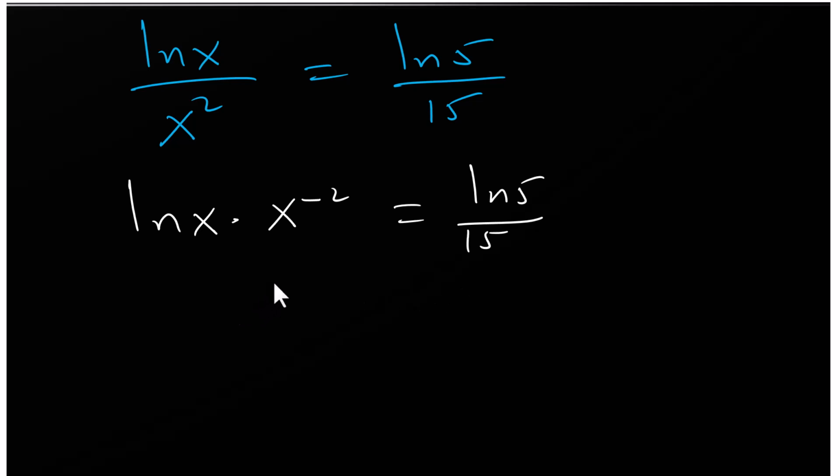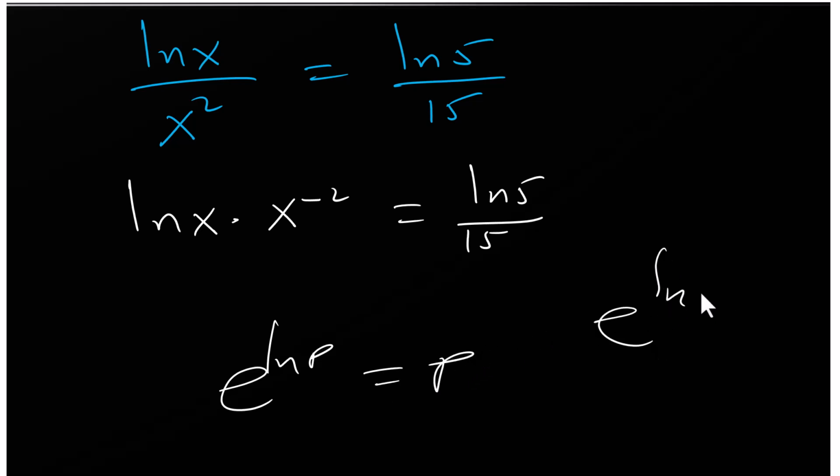Now, let's observe this one here. We want to introduce the Lambert W function. So what I'll do here is to support this one with e raised. Now when we have e raised ln of p, the answer is p. E raised ln of x, answer is x.